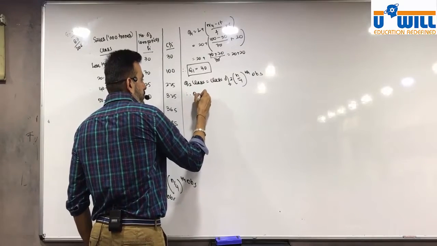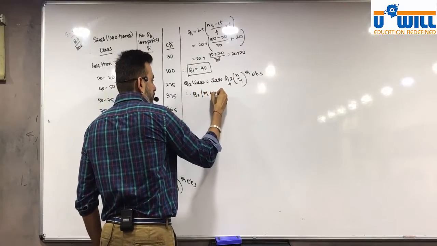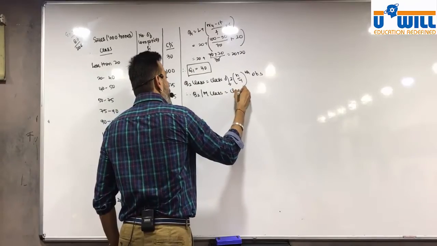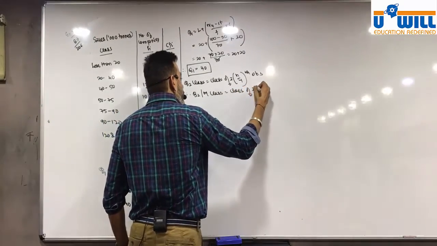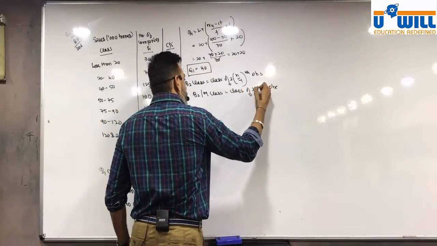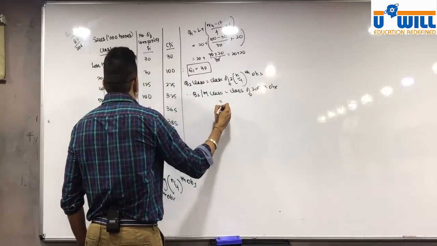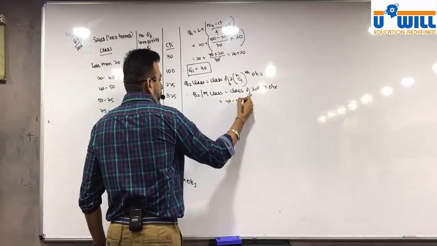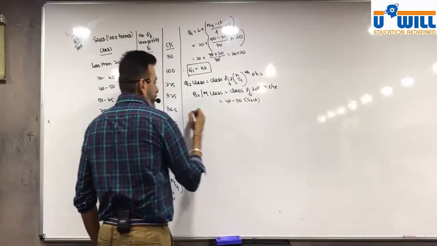Therefore, Q2 or median class is equal to class of 200th observation, which is equal to 40 to 50, already exclusive.